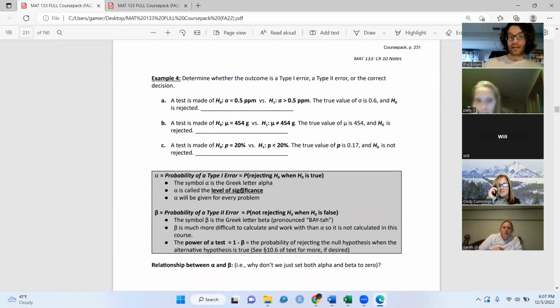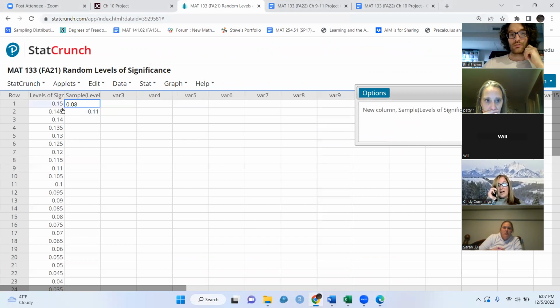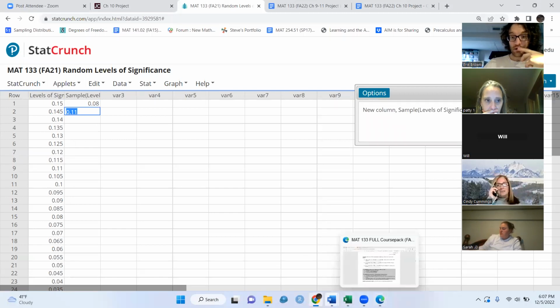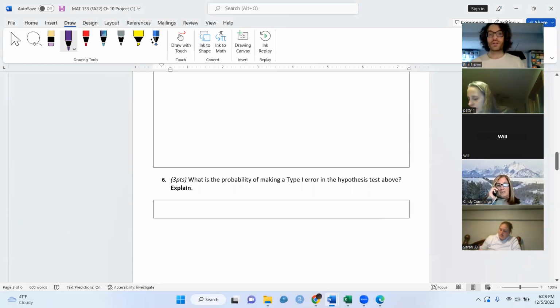So I just randomly generated 2 probabilities of making a type 1 error. Here's one, here's the other. So your answer for that is literally alpha equals whatever you randomly generated. What's your explanation? Well, the probability of a type 1 error is equal to alpha. That's the explanation. Yeah, that's it. It always gets people.